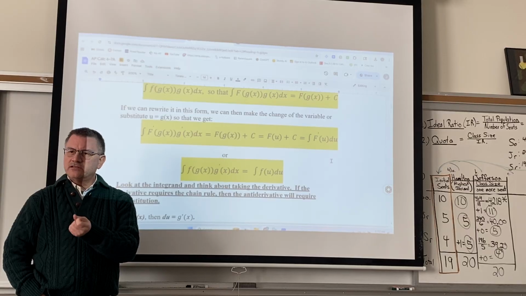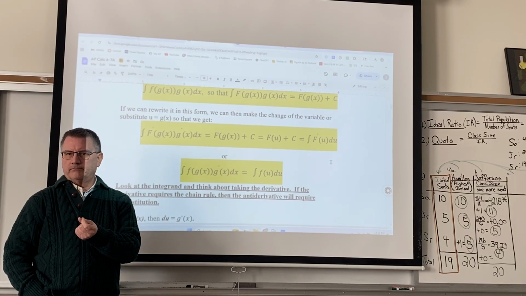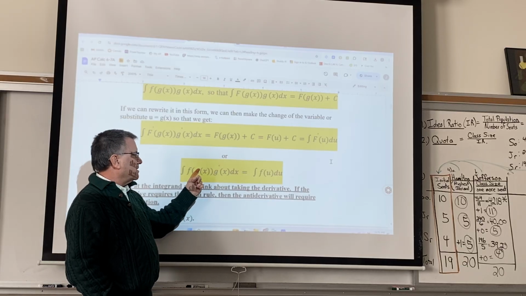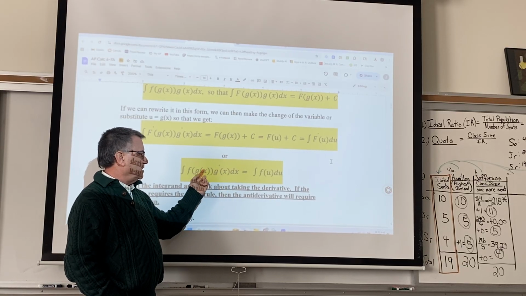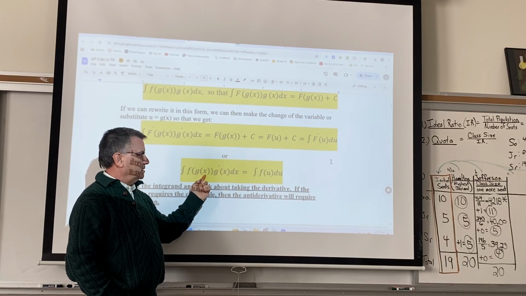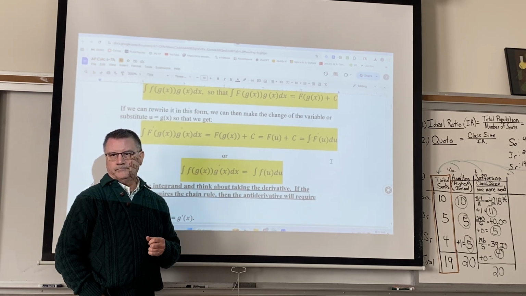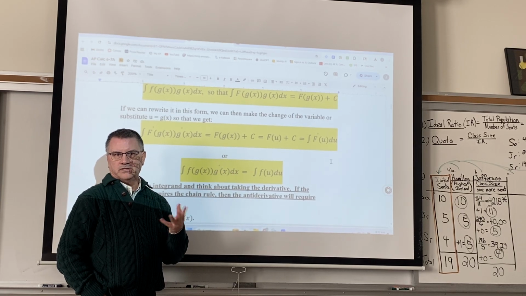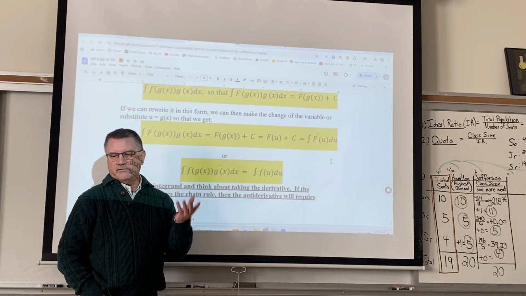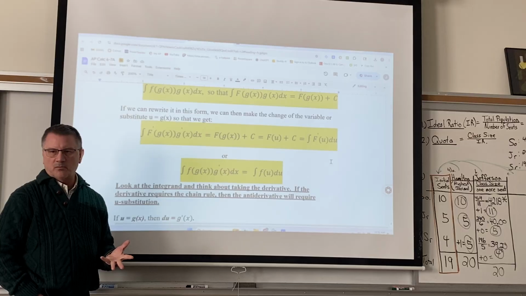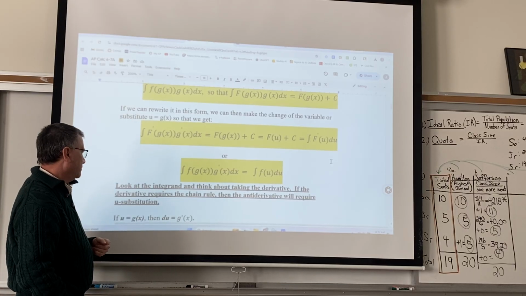It usually is the most complicated part of the integral. And then, because I changed the x to a u, I'm going to have to change dx to du. And you'll see how this works when I show you a couple of examples. Doing it actually makes way more sense than talking about it.